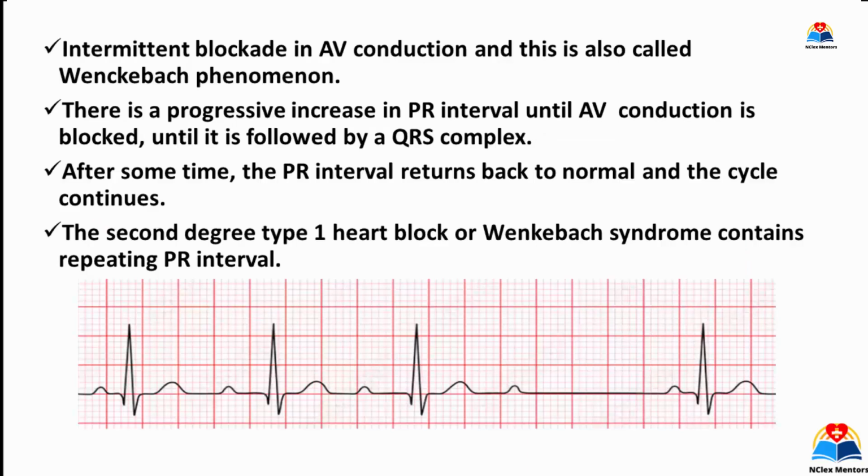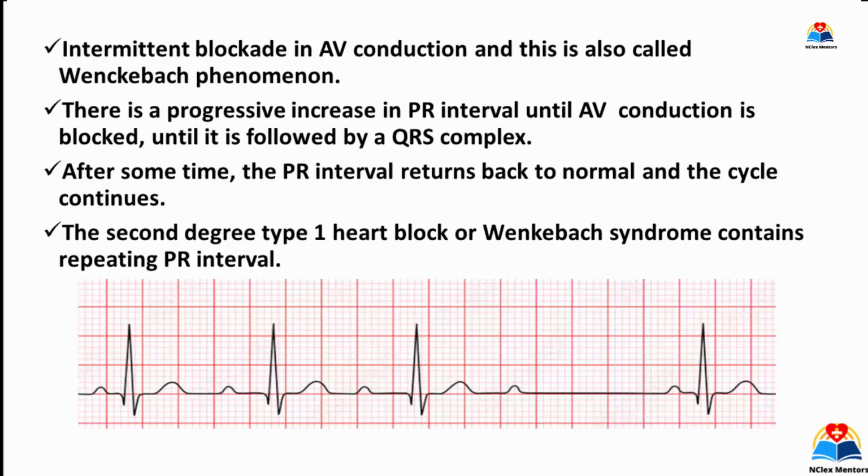Grade 2 heart block. As discussed earlier, in the grade 2 type 1 heart block, there is intermittent blockade in AV conduction, and this is also called Wenckebach phenomenon. There is a progressive increase in PR interval until AV conduction is blocked, so a P wave is not followed by a QRS complex. After some time, the PR interval returns back to normal and the cycle continues.